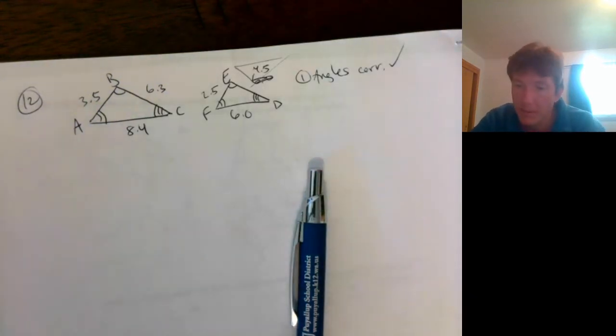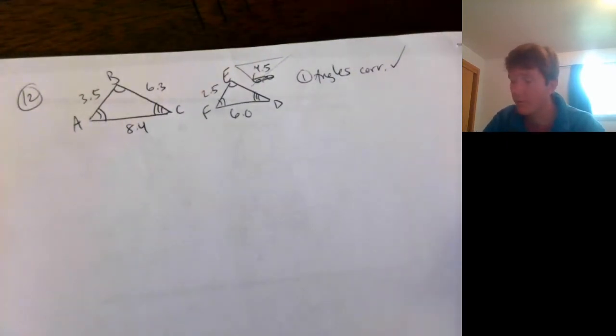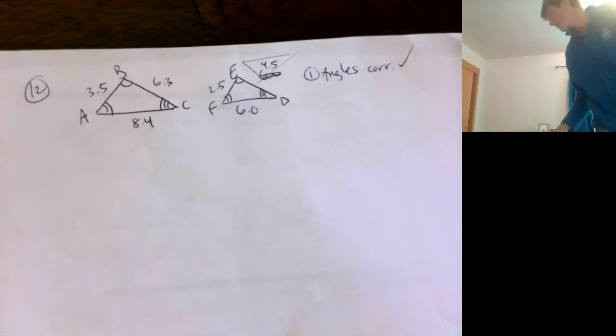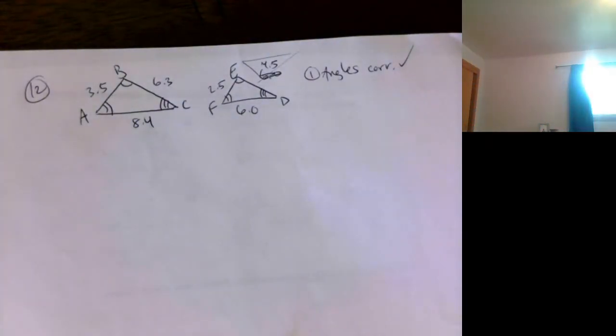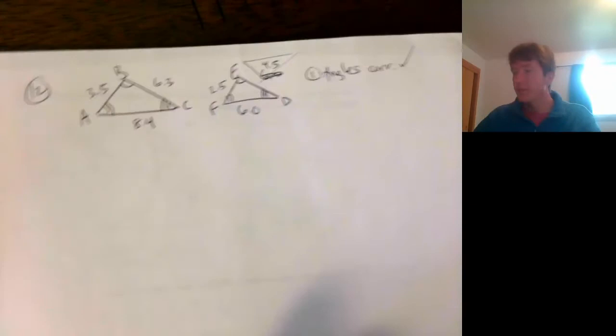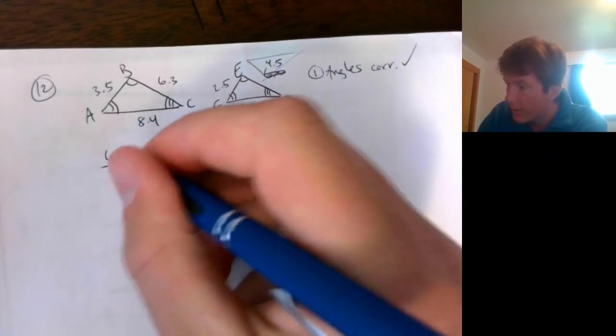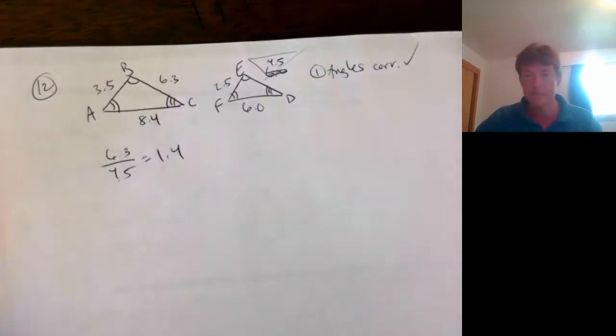Let's do 6.3 divided by 4.5. That's 1.4. Okay, so 6.3 over 4.5 is a ratio of 1.4. Next one.